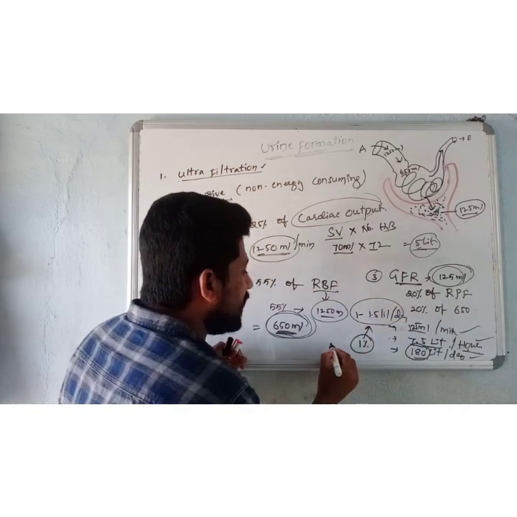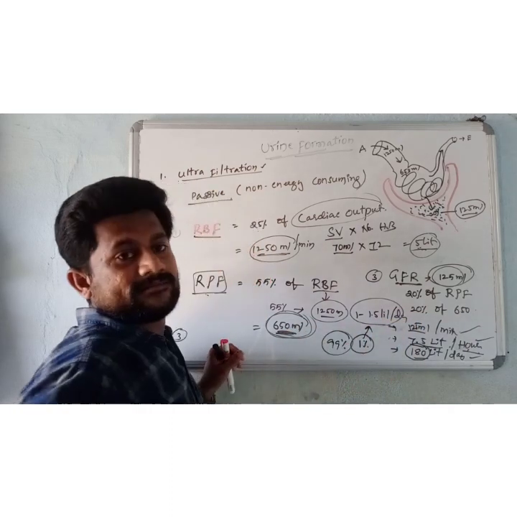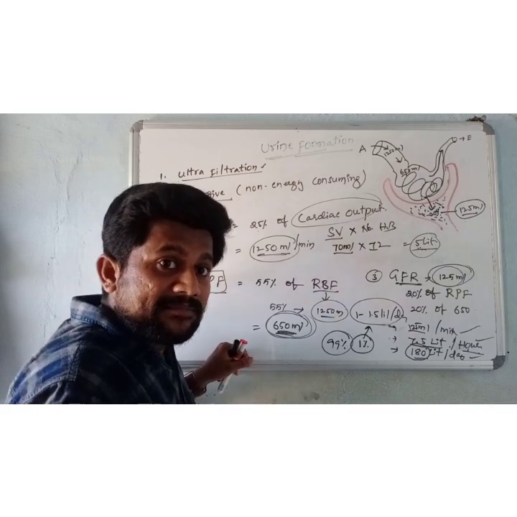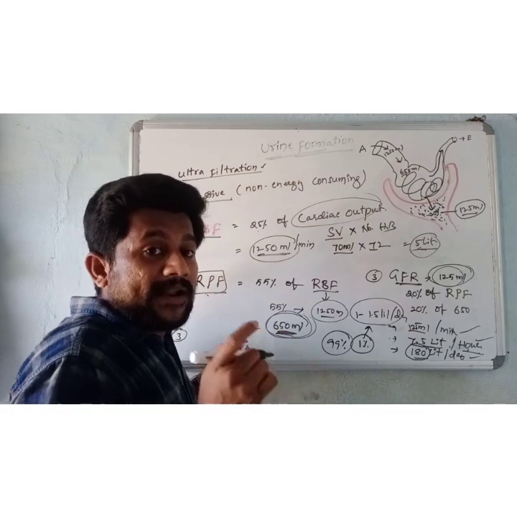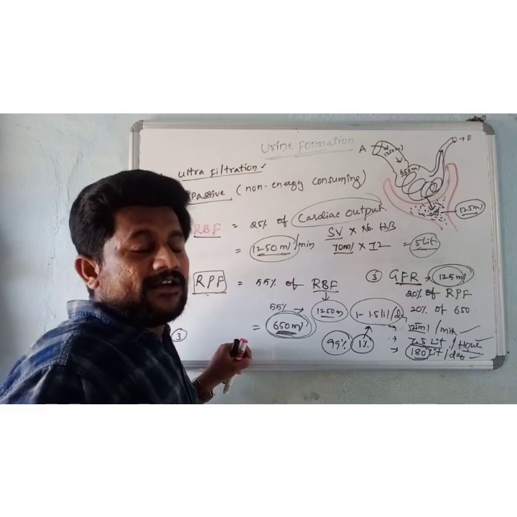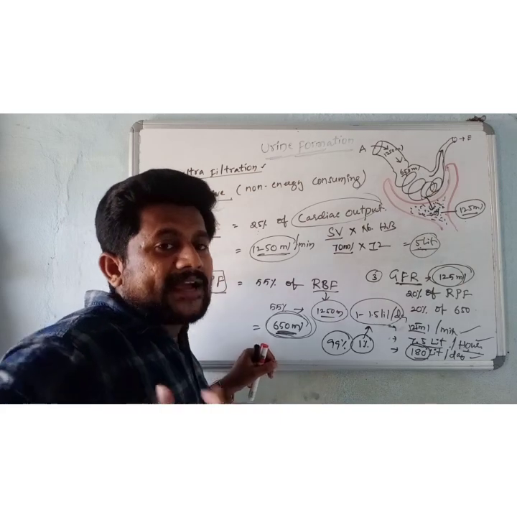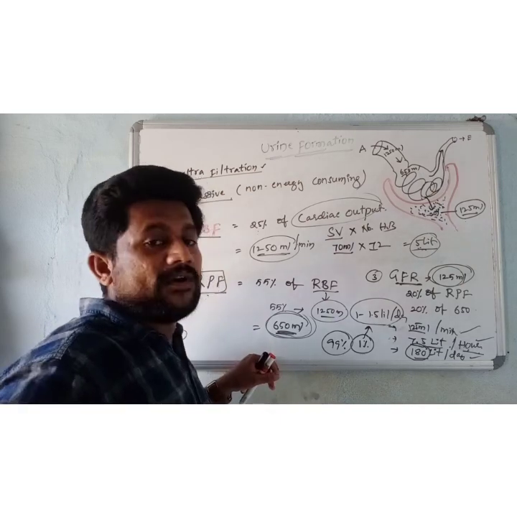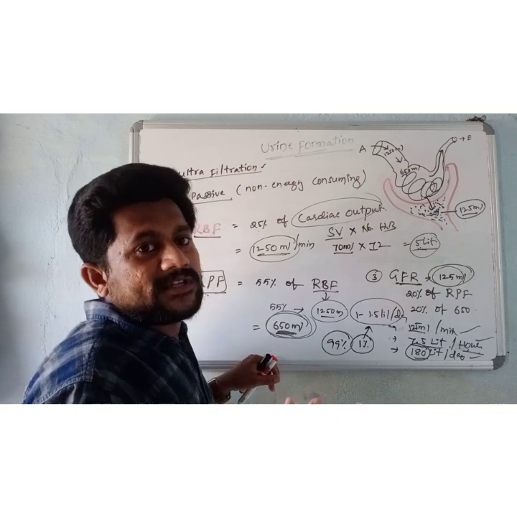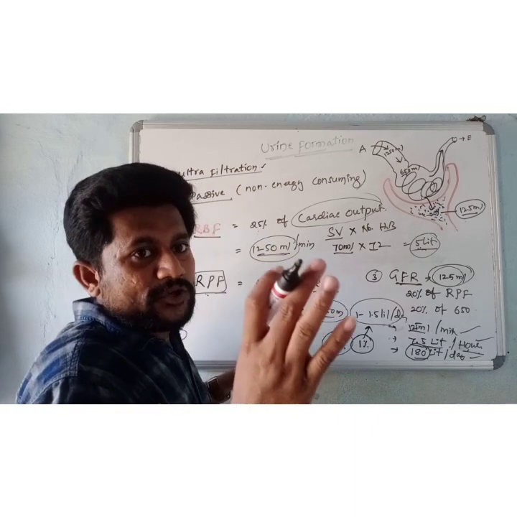What about the remaining 99%? The remaining 99% of the primary urine or filtrate moves back into our blood. That process is known as reabsorption.